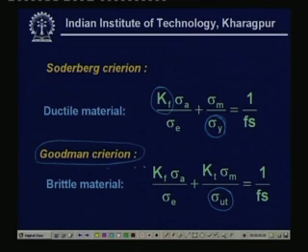So, in the Goodman criteria you can see that Kf is multiplied as it was multiplied in the Soderberg criteria.